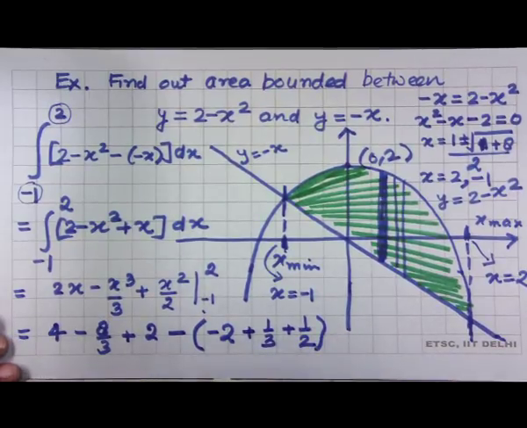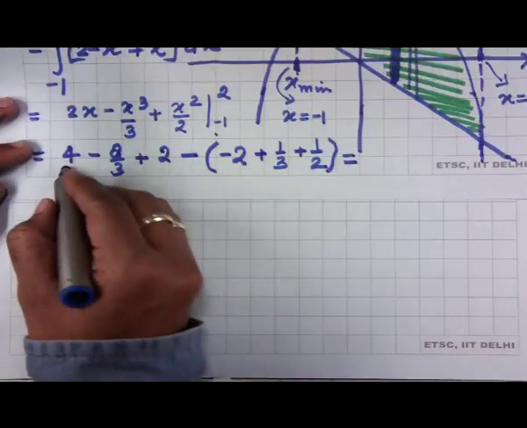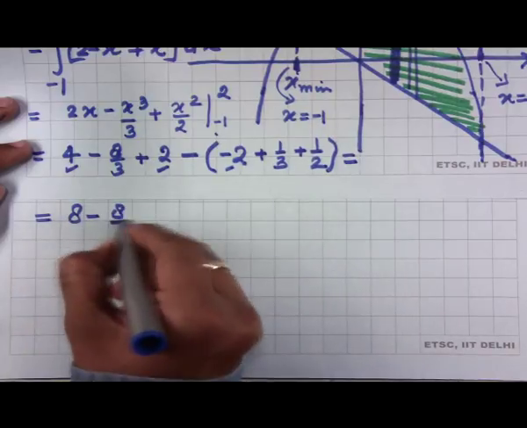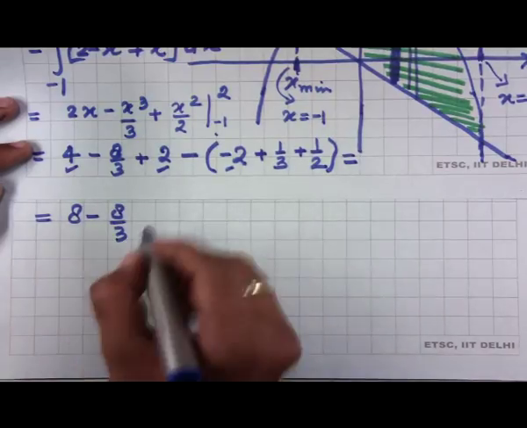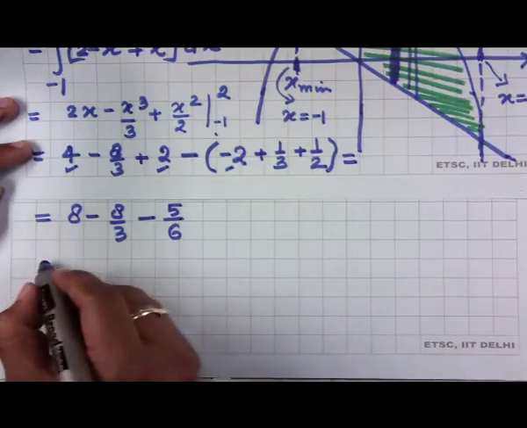So, this is equal to 8 minus 8 by 3 minus 5 by 6.